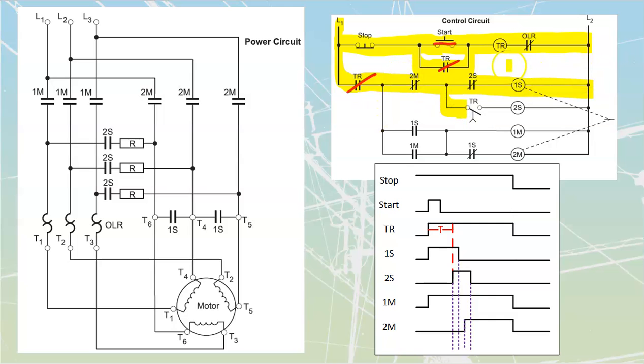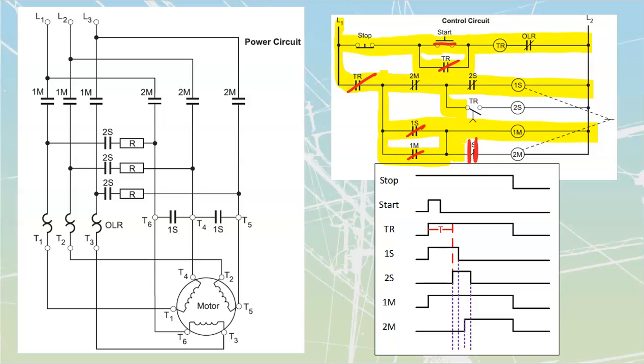And because 1S has closed, it is going to apply power through to 1M. And because 1M closes, it is going to seal itself in over here like that. And because 1S has powered up, this opened over here, so we are blocking power from getting through to my 2M coil.